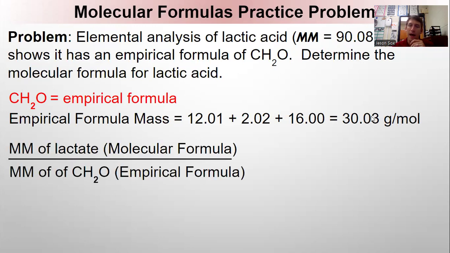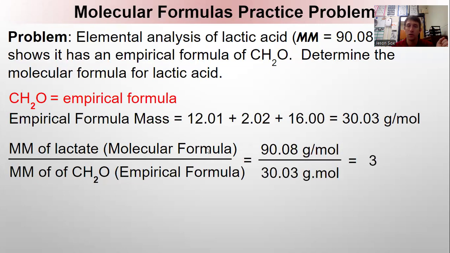Now here's the trick. How does that empirical mass relate to the actual molar mass of lactic acid? I hope you can see this. If the numbers are weirder, you can always create the ratio of the bigger number divided by the smaller number. What we're seeing here is that lactic acid is actually 3 times bigger than the simplified version.